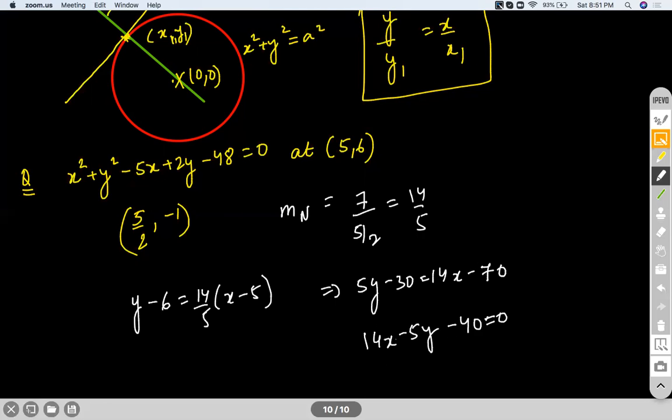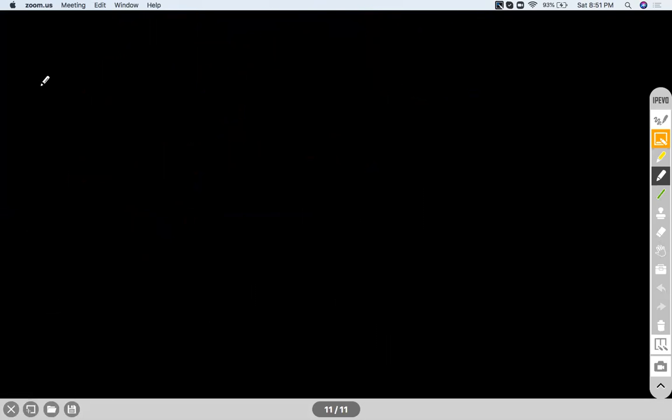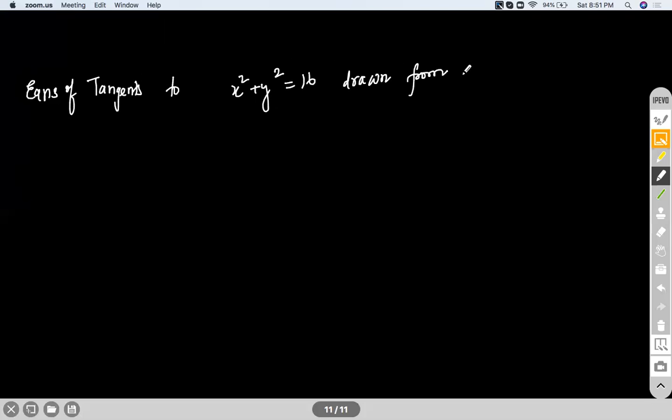Okay, now I'll give you some thought-provoking questions since you have learned this concept. Find the equations of the tangents to the circle drawn from the point 1 comma 4.